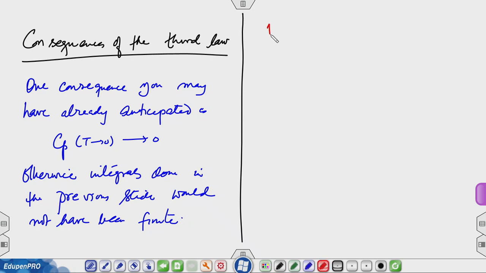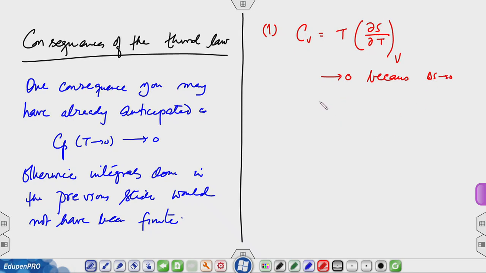So, if I have Cv, which is equal to T partial S over partial T at constant V, this will go to 0 because delta S goes to 0 as T tends to 0 by the heat theorem. So, Cv goes to 0.